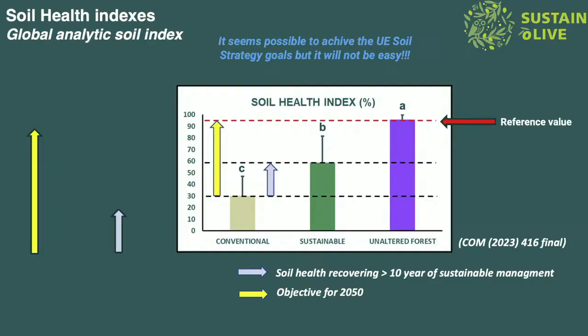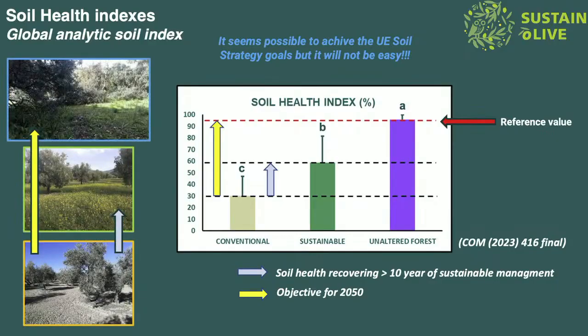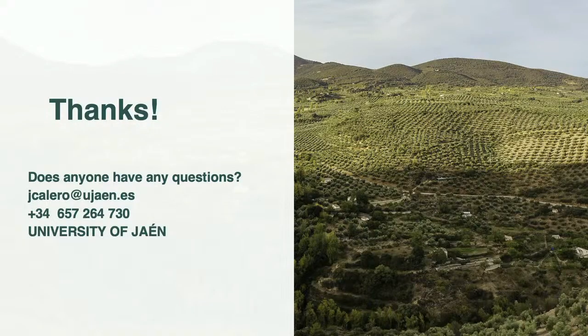This suggests that it is possible to achieve the European Union soil strategy goals, but of course it will not be easy. It will require an effort from the scientific staff, but also, or mainly, from the farmers. So, these are our aims with all the research projects, and this is all from me.